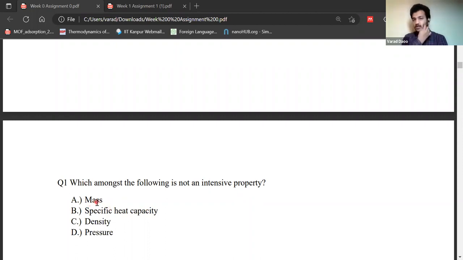Narsimha, are you there? Would you like to answer? Hello. Okay, Ashwin. Intensive is independent. Yes, intensive is independent, right? Mass is independent. Density is also independent, and pressure is also independent.